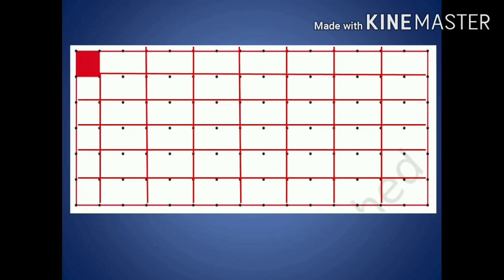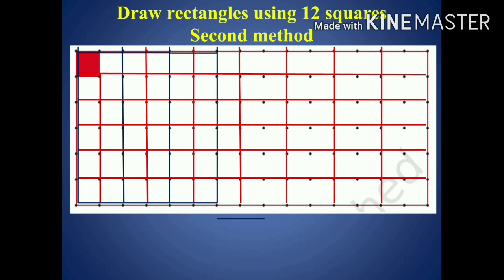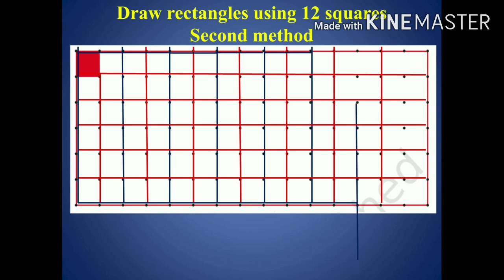Now this is another method to draw rectangles using 12 squares. Let's draw the line. Now again we get so many rectangles.